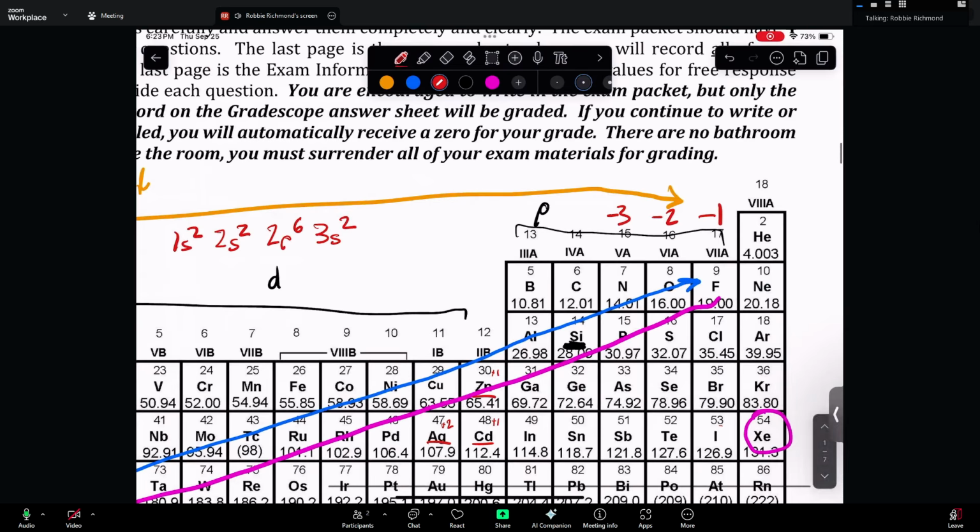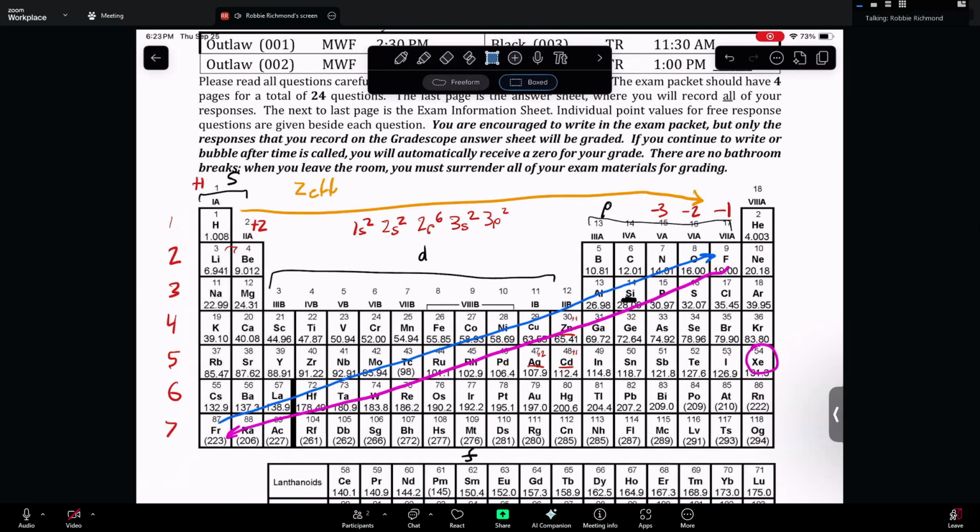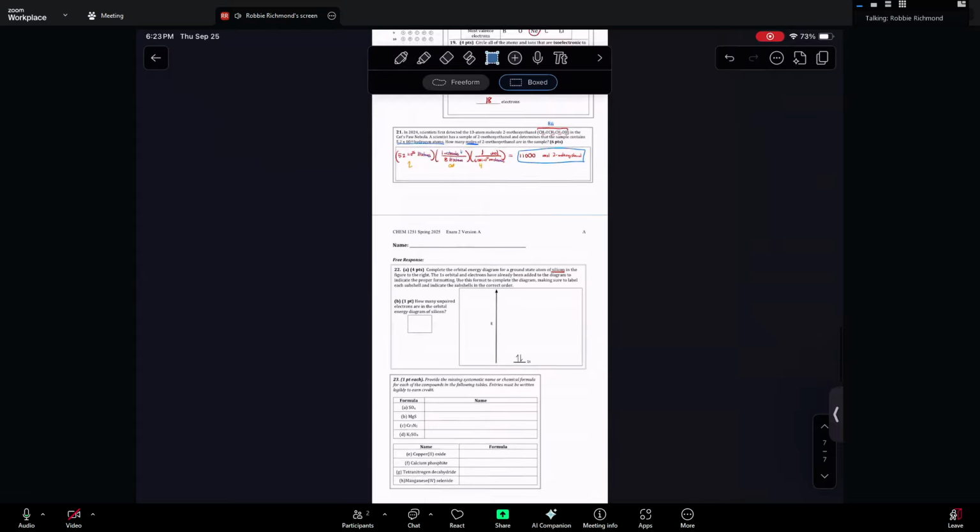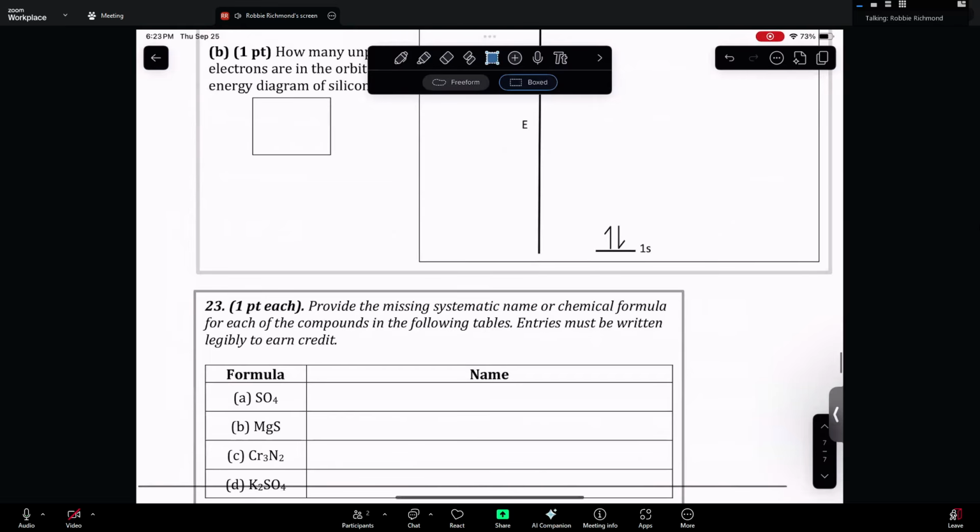Now here, we only have 2 electrons to get to a neutral charge of silicon. So instead of 3p6, we would put 3p2. Cool. I'm going to copy this. And I'm going to move back to our free response questions. Write down right here.